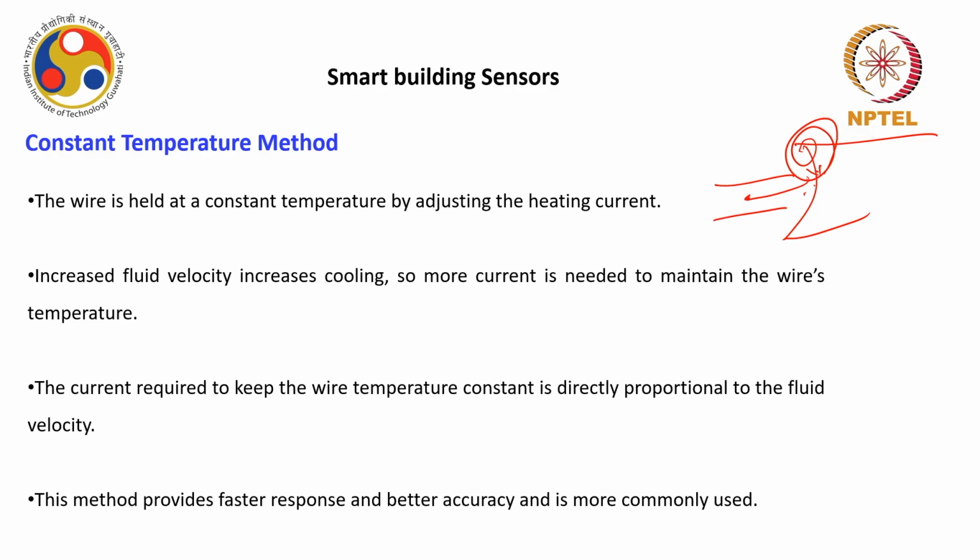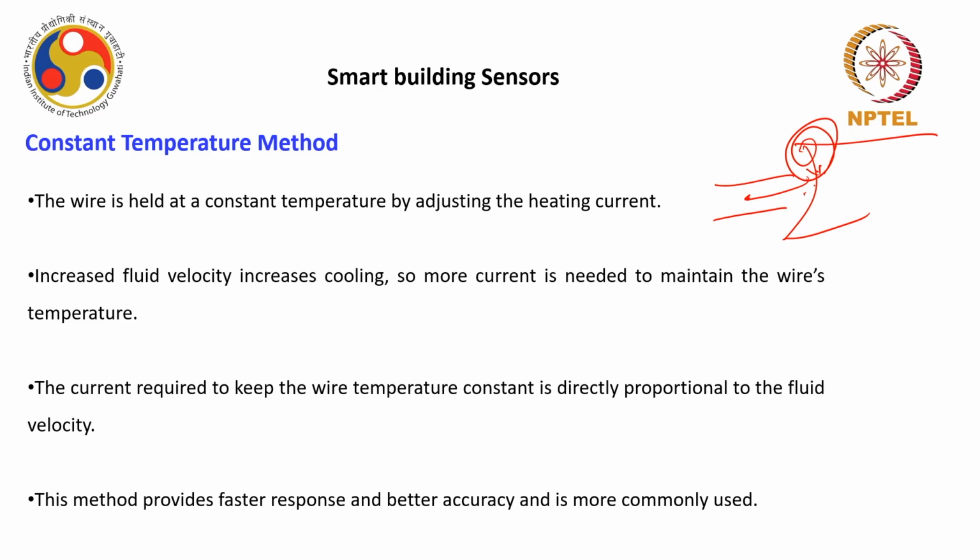This is the constant temperature method. The wire is held at a constant temperature now, not at constant current, by adjusting the heating current. Increased air velocity increases cooling, so more current is needed to maintain the wire's temperature.